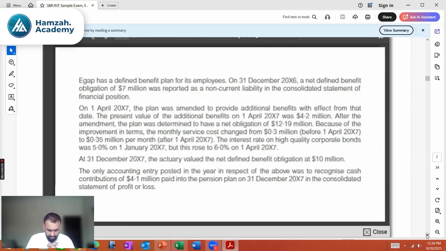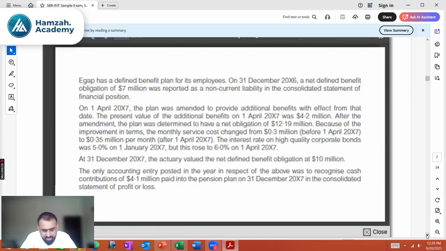Totally okay. Now, on 1st April X7, after 3 months, they have amended the plan with an additional benefit of 4.2 million. This is the past service cost.